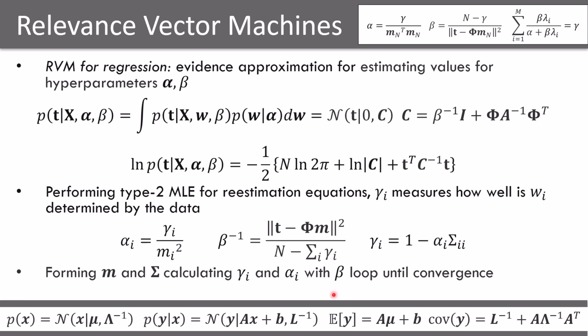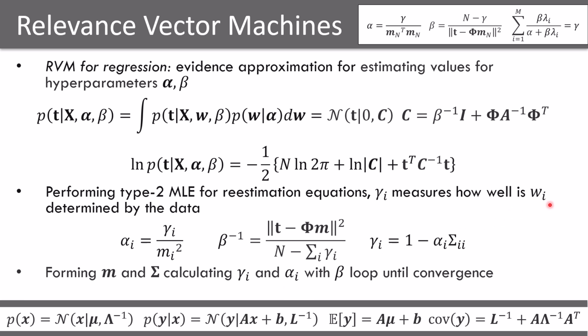Once we have these alpha and beta, which seems like a regular process which we have been doing before, the difference is that the alpha is not a single scalar, but is associated with every weight we have been dealing with, and that is very important to keep in mind.